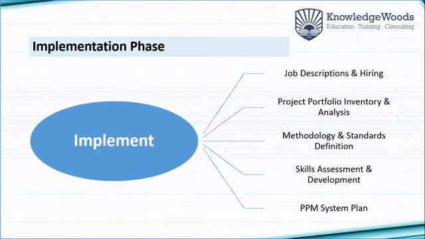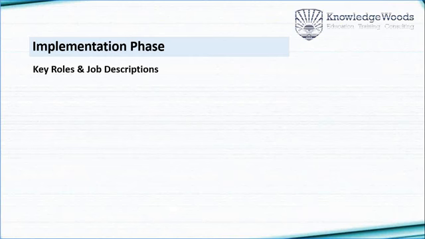This is where you do all the implementation jobs. It typically starts off with the execution. If I just quickly jump into the first stage, it starts off with the execution of the hiring plan.